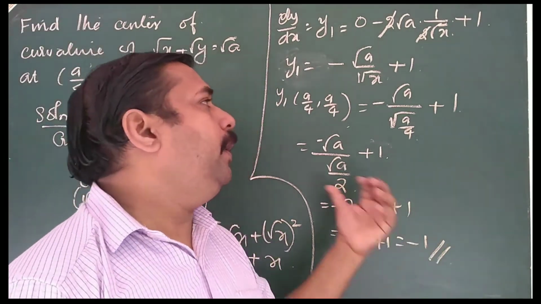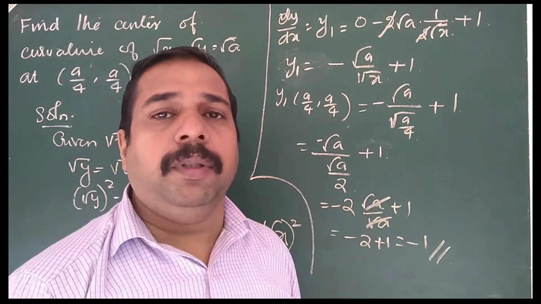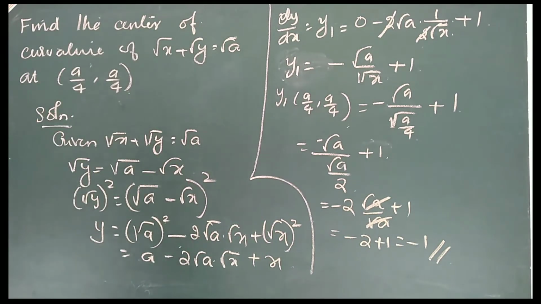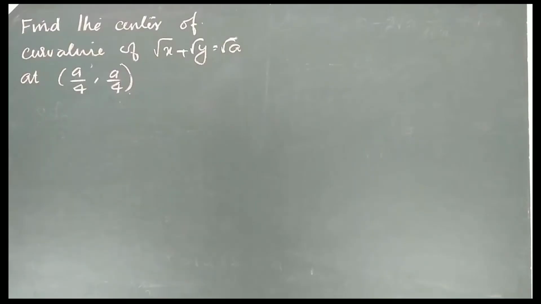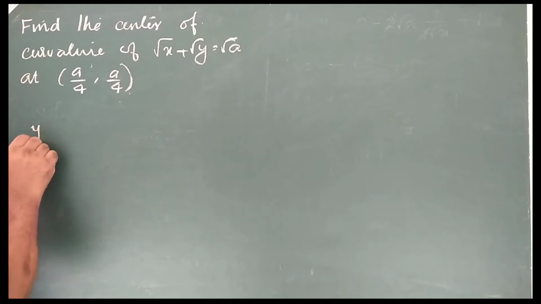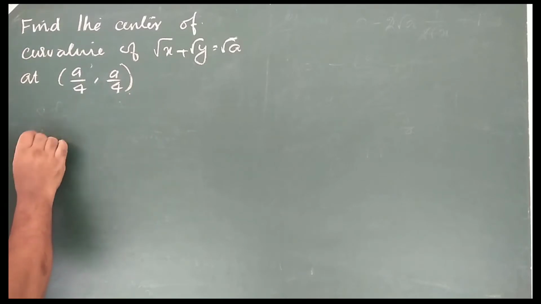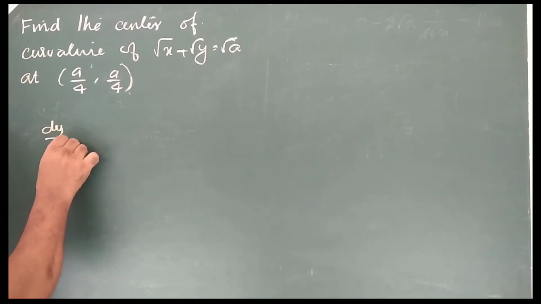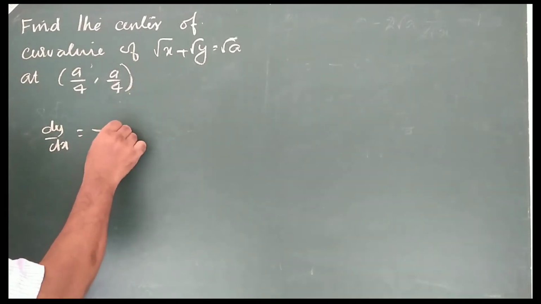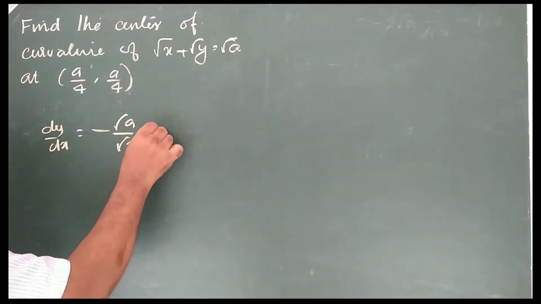So now find the second derivative, d square y by dx square. Now dy by dx is equal to, what is the value of dy by dx? dy by dx is equal to minus root a by root x plus 1.